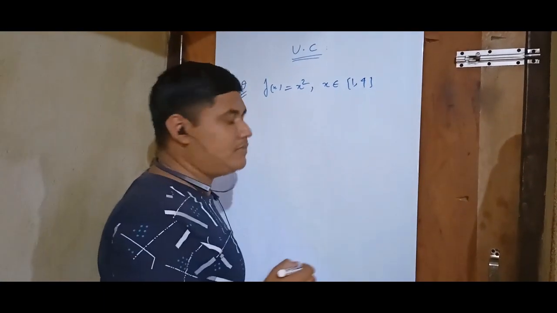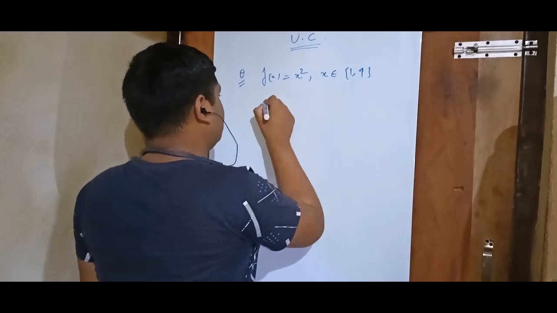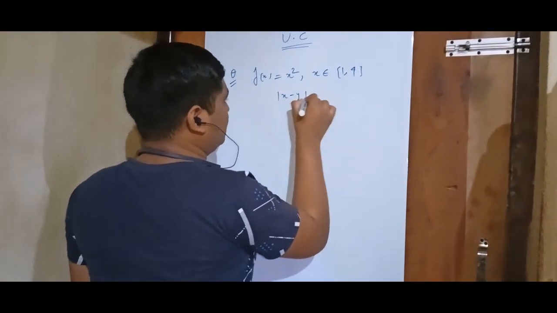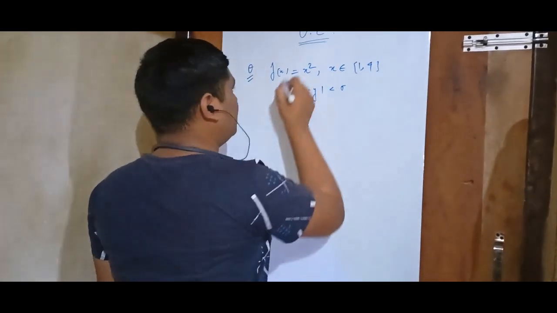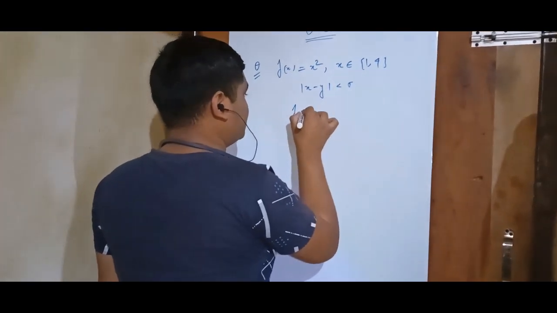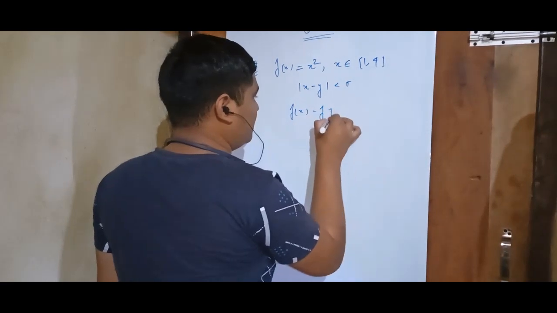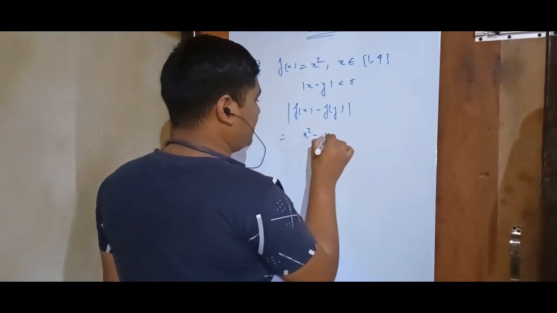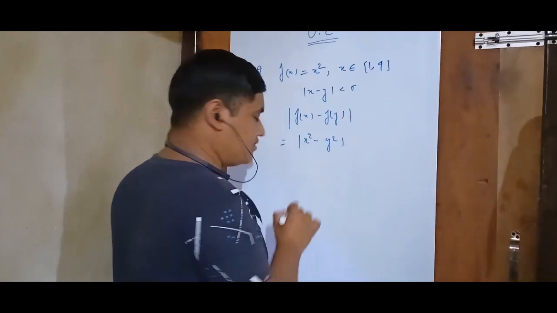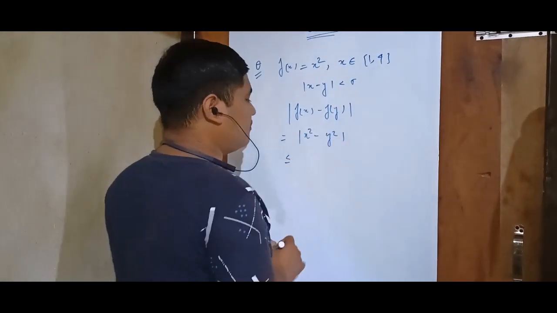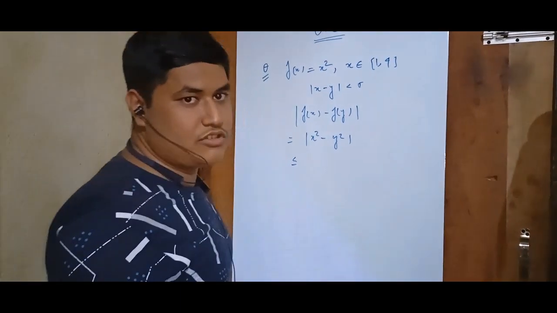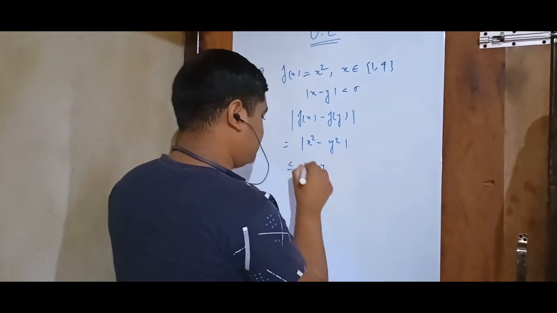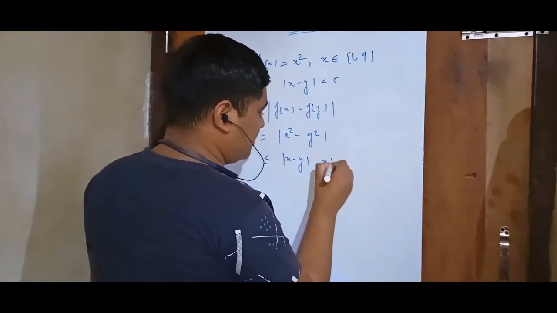According to the definition of uniform continuity, we are given modulus of x minus y less than delta. The modulus of f of x minus f of y equals modulus of x square minus y square, which is less than or equal to modulus of x minus y into modulus of x plus y.